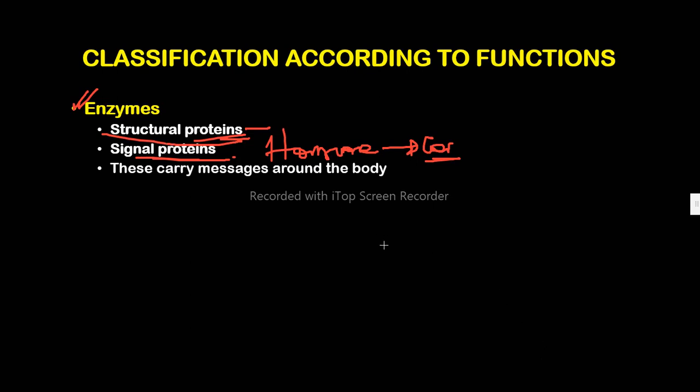So I said the signal proteins are hormones. They transmit a chemical message from one point to another point. This message is really important.